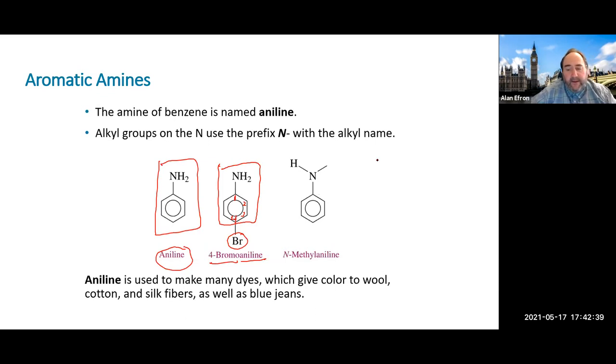With secondary or tertiary amines, we sometimes use the prefix N. That N indicates that the group is attached to the nitrogen. So this whole thing here is aniline, but this methyl group is not attached to a carbon where we would normally use numbers. That's what the N stands for here: that group is attached to the nitrogen.